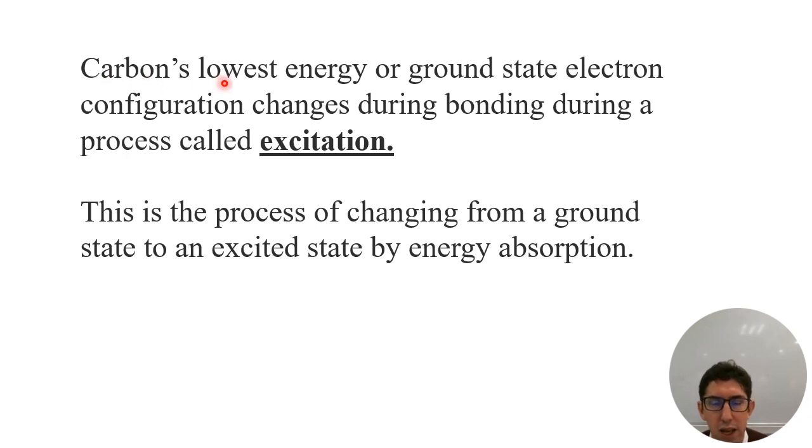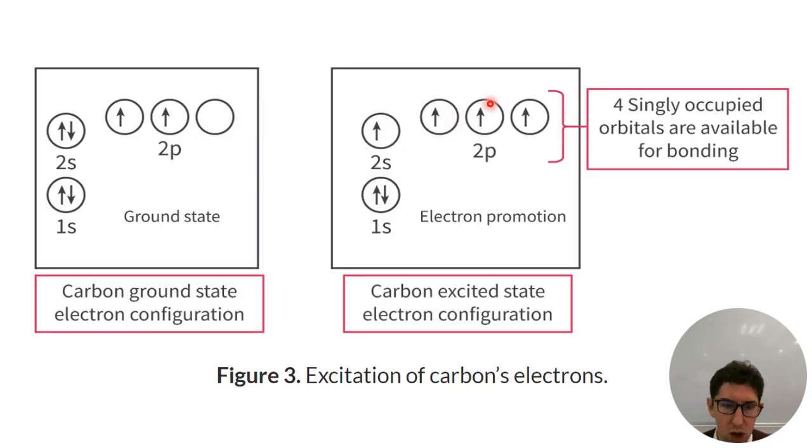Carbon's lowest energy, or ground state, electron configuration changes during bonding in a process called excitation. The ground state electrons get excited by absorbing energy in the bonding process. So this is carbon considered on its own.